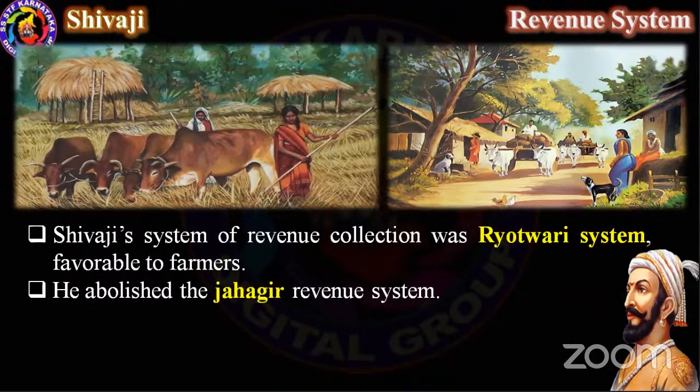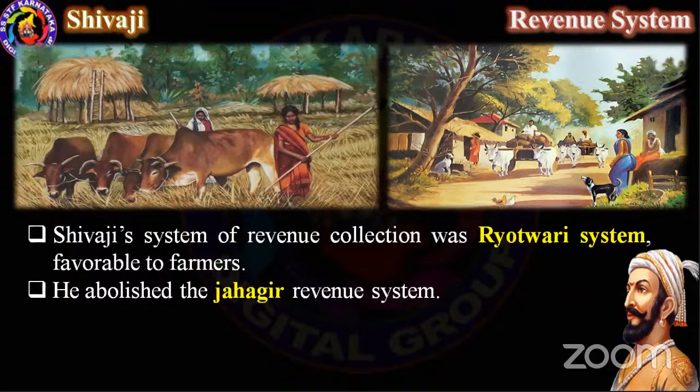He abolished the Jagir revenue system. It means that by granting land, rulers allowed officials to collect taxes from the farmers, and while collecting the taxes, they tortured the farmers to earn more income.